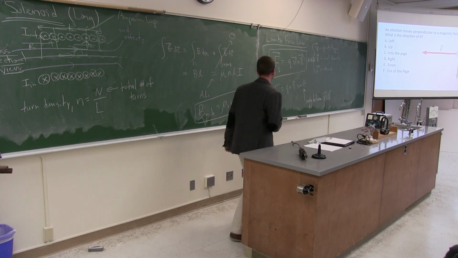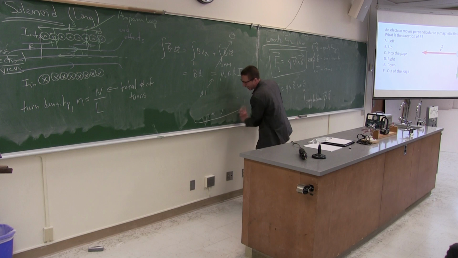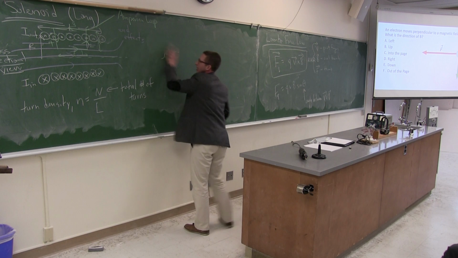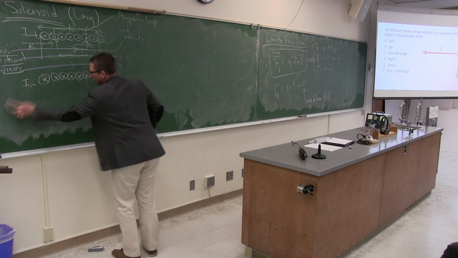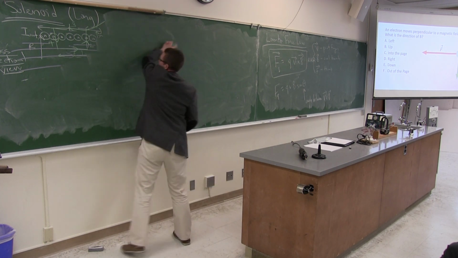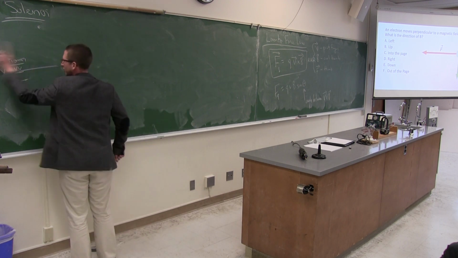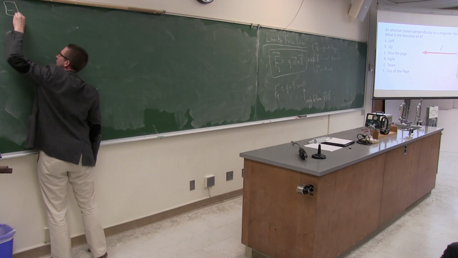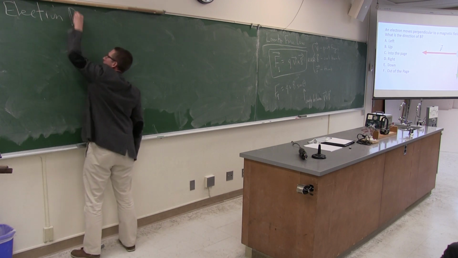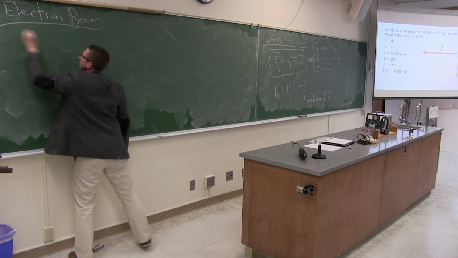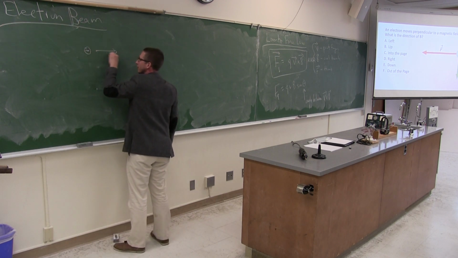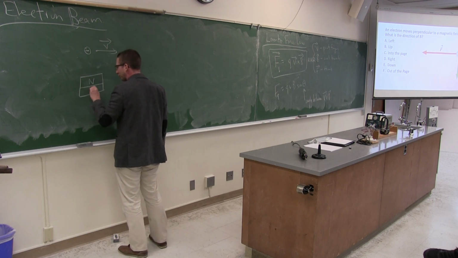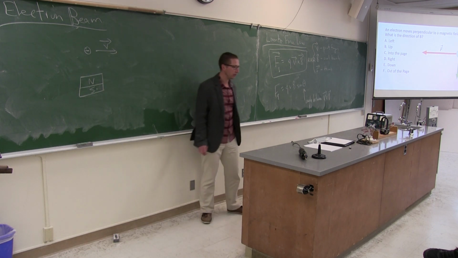Okay, let's look at another example here. Let's say I have a beam of electrons, and I have a magnet as well, which is exactly what I have on the counter. So here's an electron moving with speed v. And underneath this electron, I have a magnet that has a north pole and a south pole.